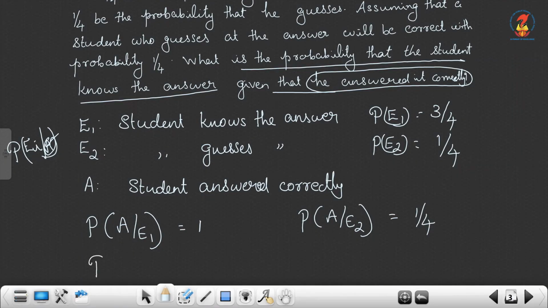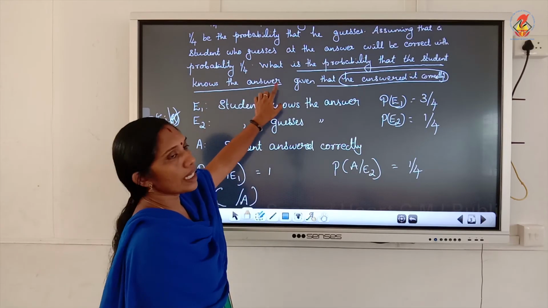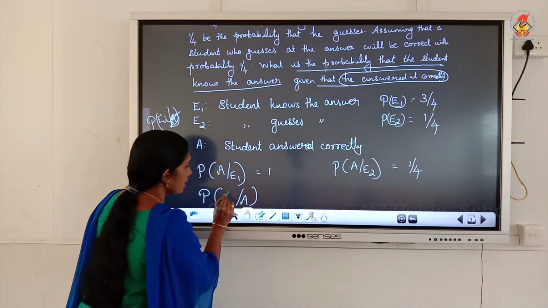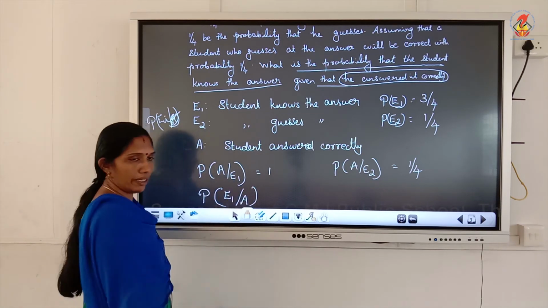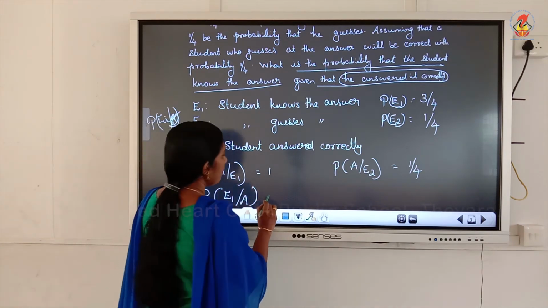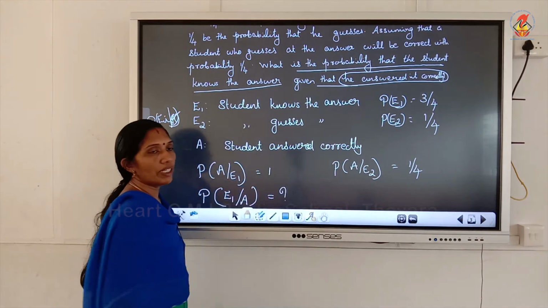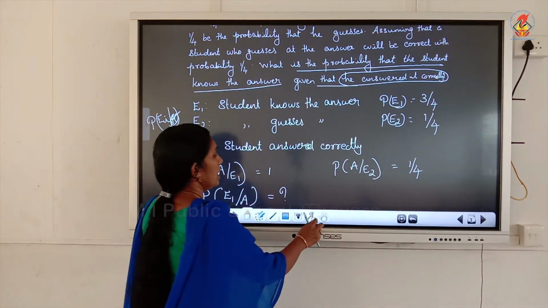Now, what is in the question? The answer is correct. That is in the denominator, and find the probability that the student knows the answer. That is in the numerator. Knows the answer means E1. So P of E1 given A, that's what we have to find. Now write the formula.